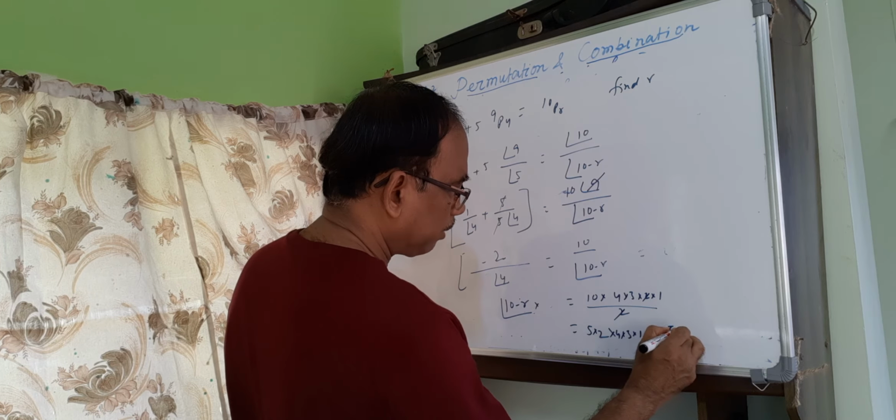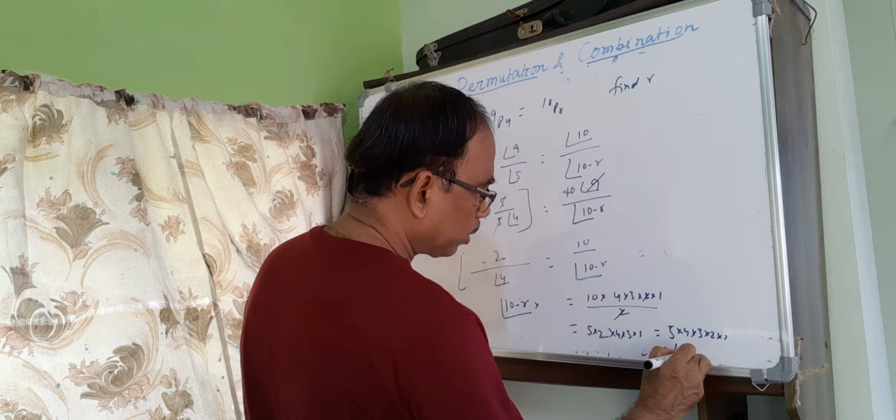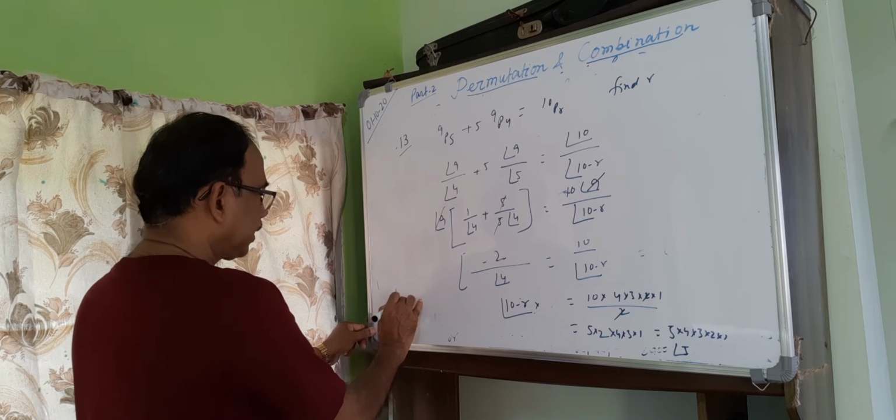We can write 5 into 4 into 3 into 2 into 1. That is factorial 5. So factorial 10 minus r equals factorial 5. So 10 minus r equals 5. r equals 5. That is the answer.